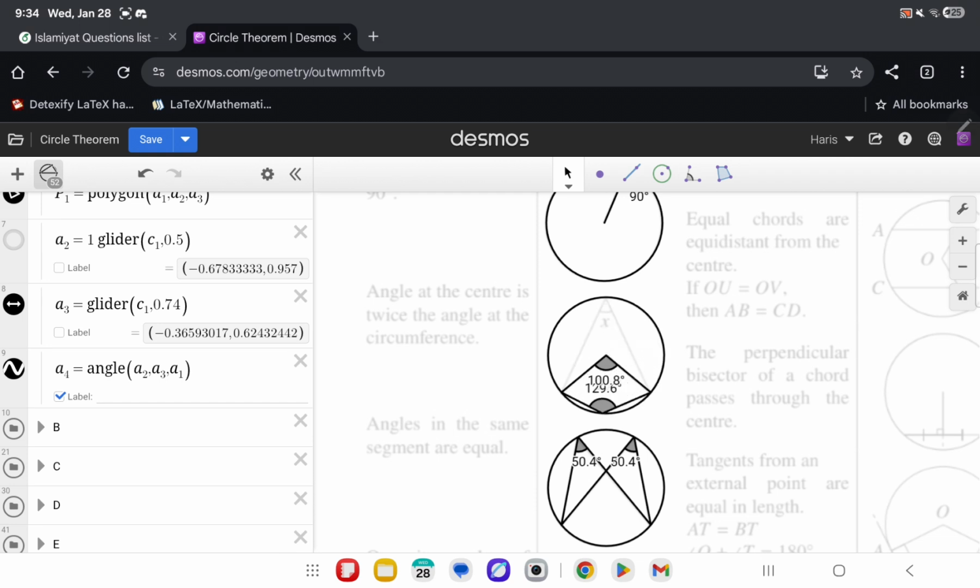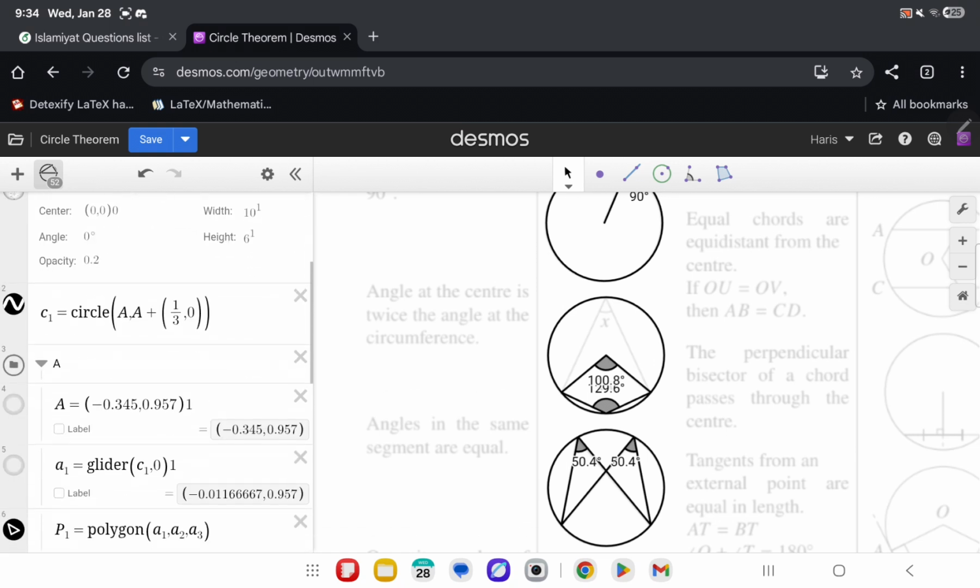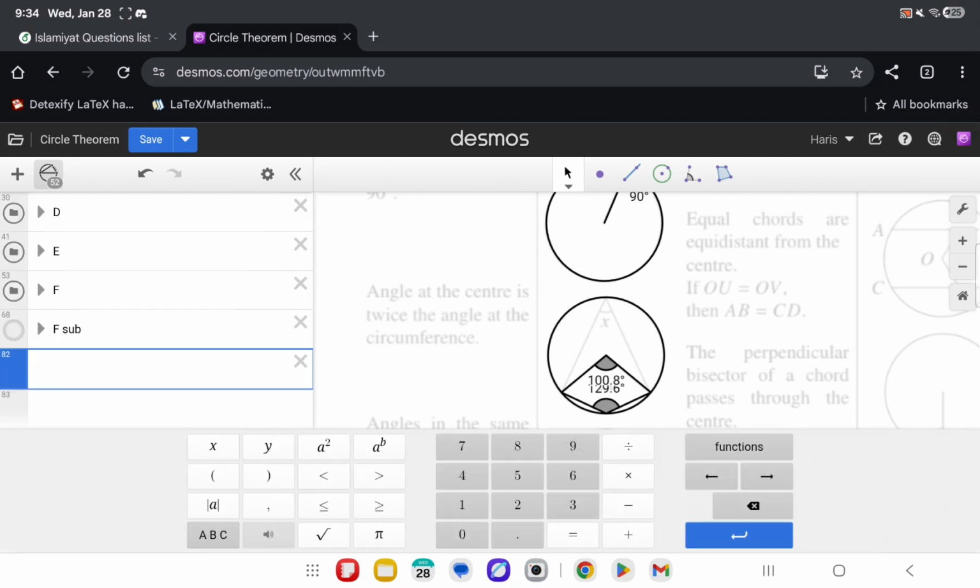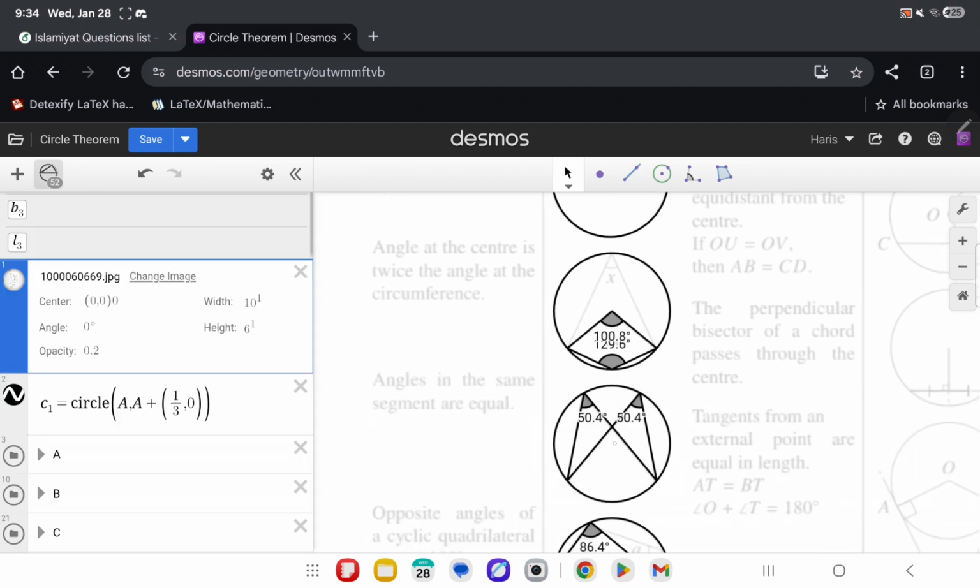Another thing is, how do we deal with cases like these? Well, for this you need to know that when we have this rule applied, angle at center is twice the angle at circumference, then the angles should be facing in the same direction.